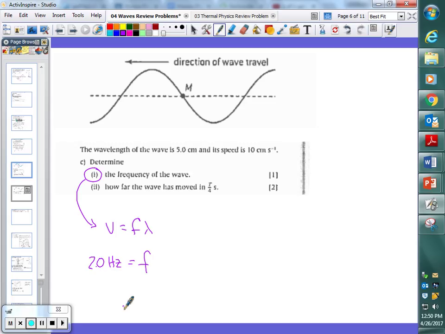And then part 2 is asking us about the relationship between frequency and period. Frequency and period have an inverse relationship.